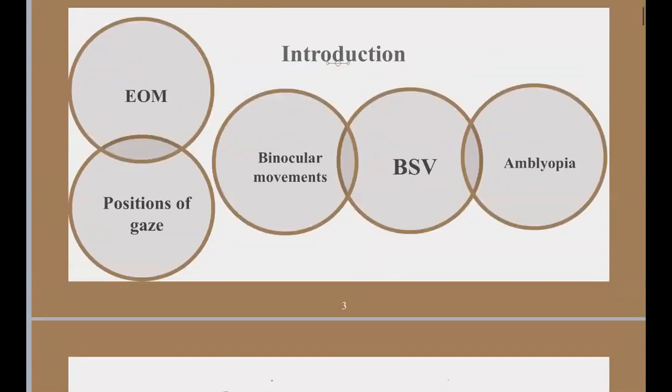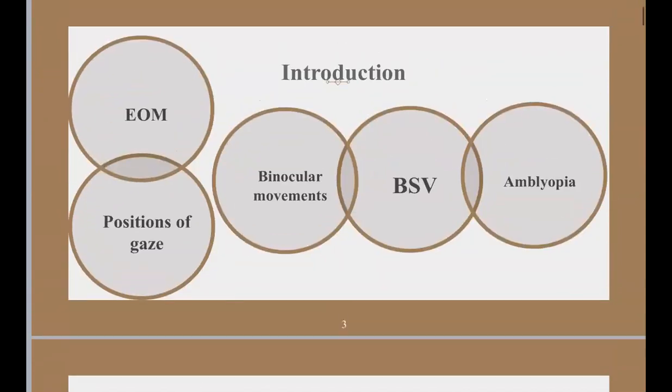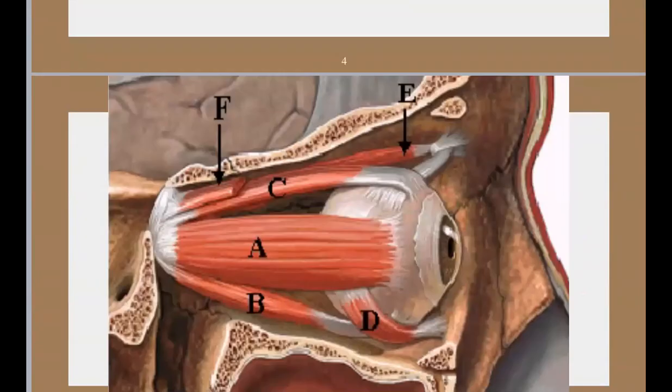We don't care, as you see here, about the origin and the insertion of the extraocular muscles, although they are extremely important for strabismus surgery, but as I told you, this is not important in the exam. But we will go through the actions.